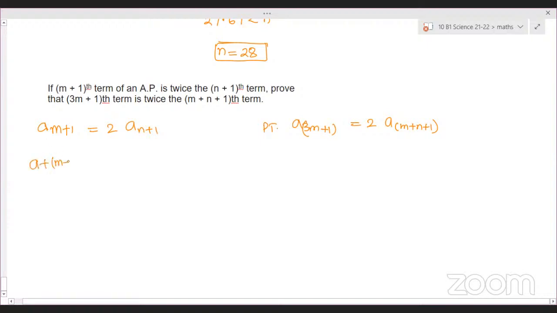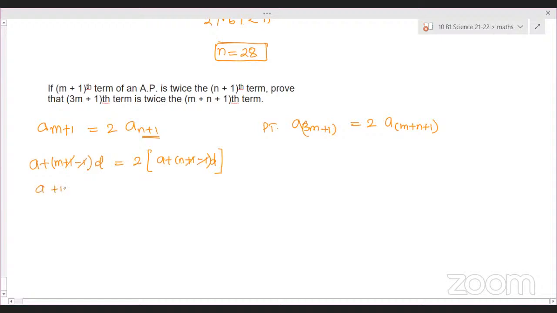A plus m plus 1 minus 1 into D is equal to 2 into A plus n plus 1 minus 1 into D. So plus 1 minus 1 cancels, plus 1 minus 1 cancels.